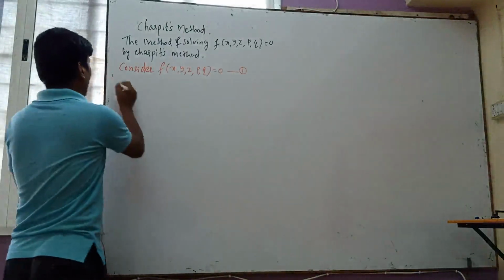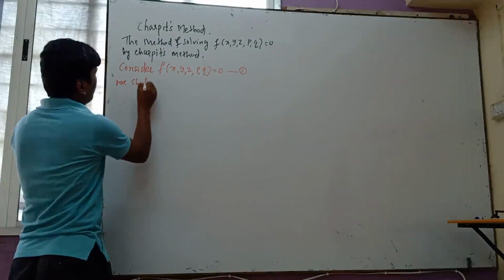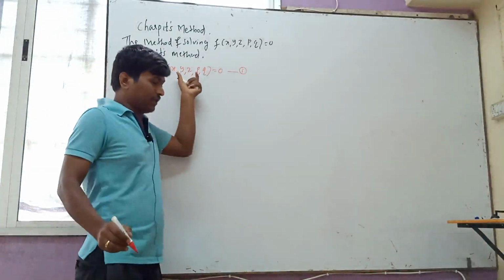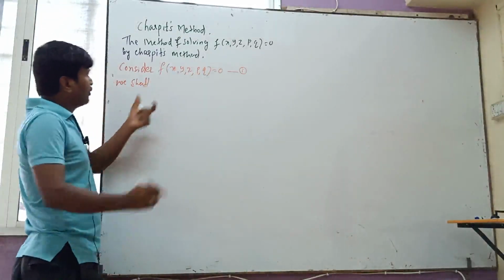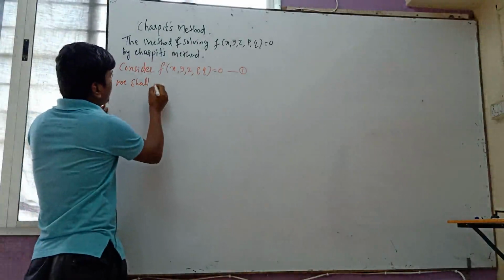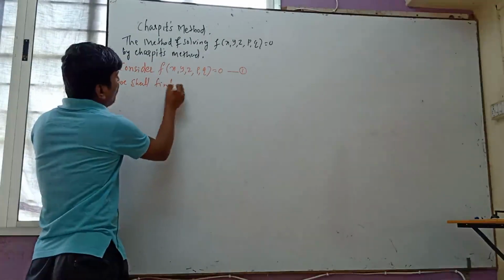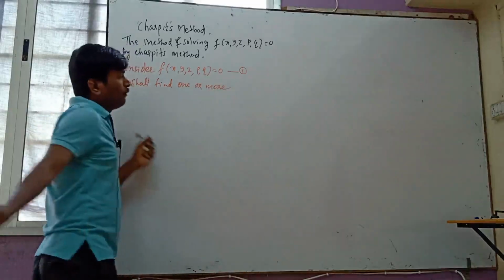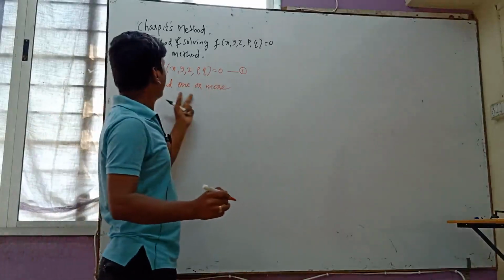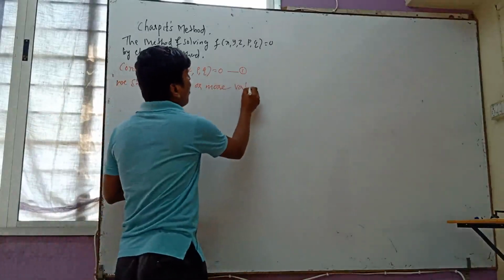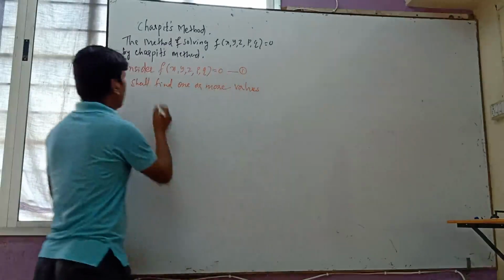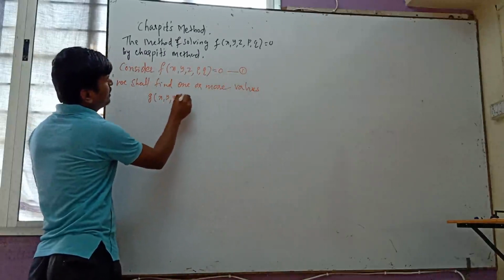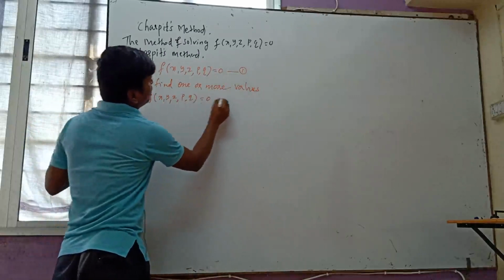From the given equation, we shall find one or more values of the same relation. I can take that relation as g of x, y, z, p, q is equal to 0.